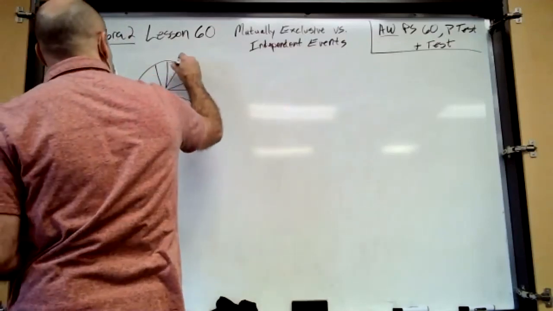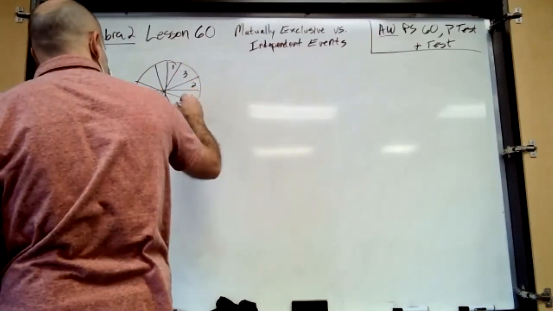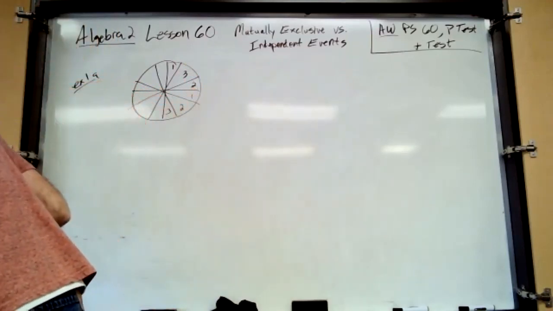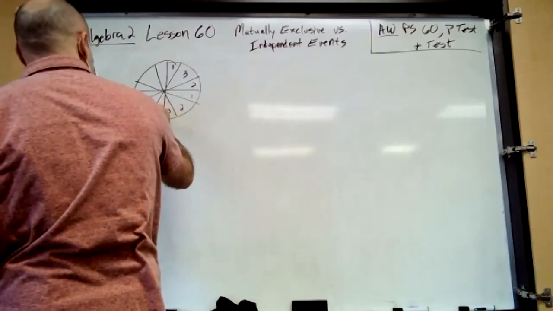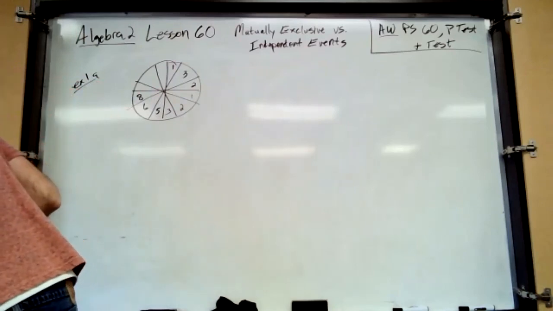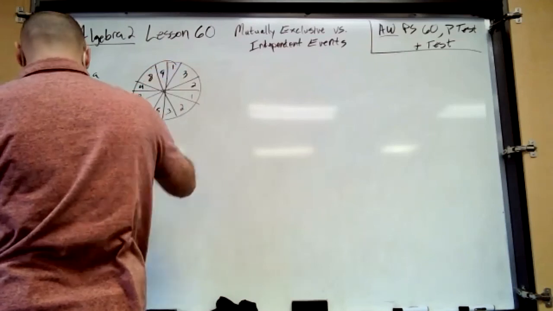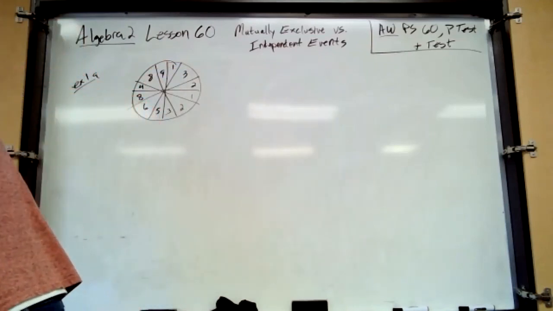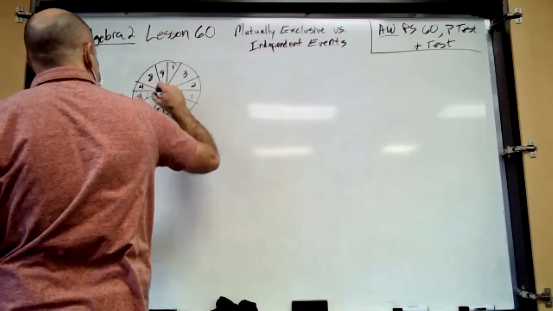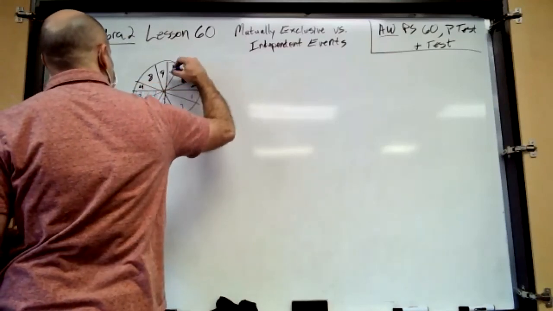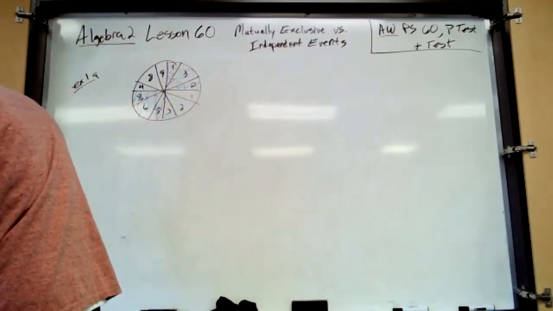Got a 1, 3, 2, 1, 2, 3, 5, 6, 8, 4, 8, 9. And then you've got some that are shaded and some that are not. Okay, this is what the example looks like.